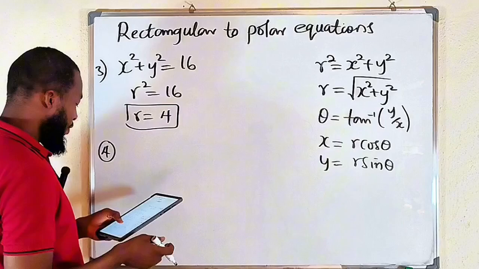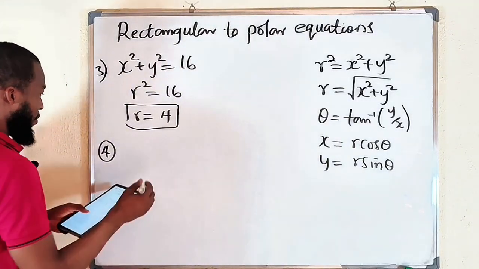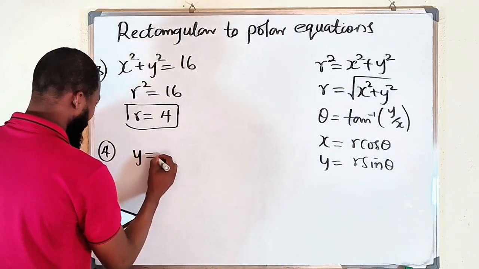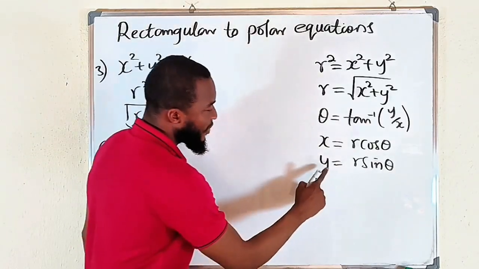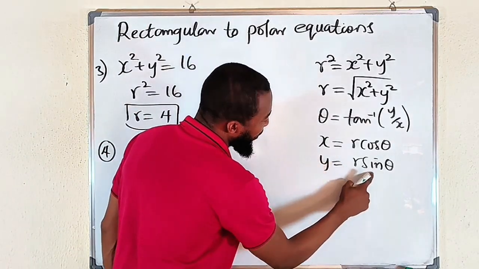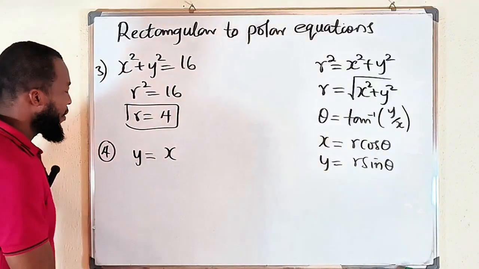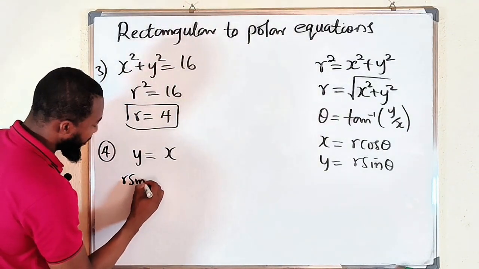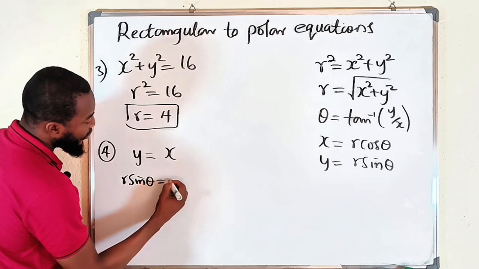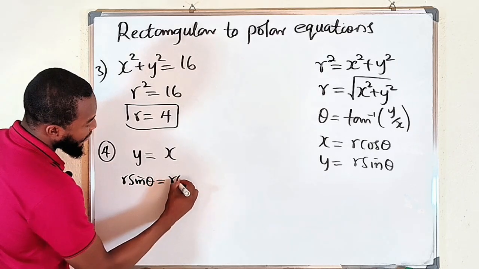So we have another equation here which states that y is equal to x. Y equal to x, which means that if y equal to x, this must be equal to that. So we have r sine theta equal to r cos theta.